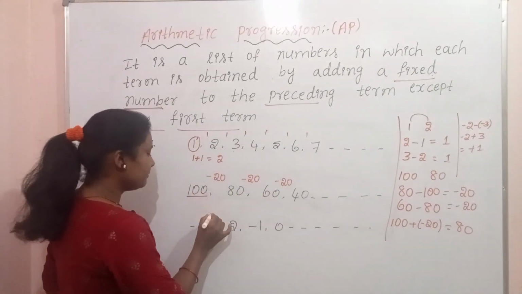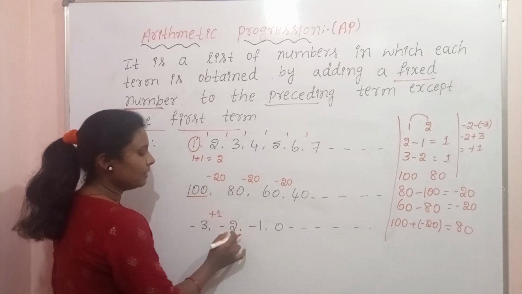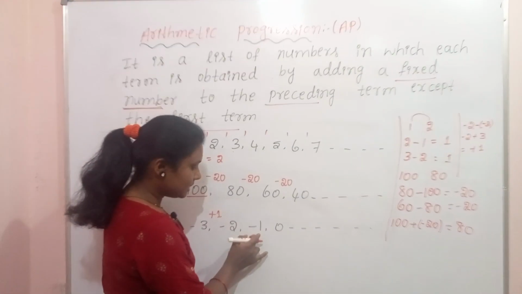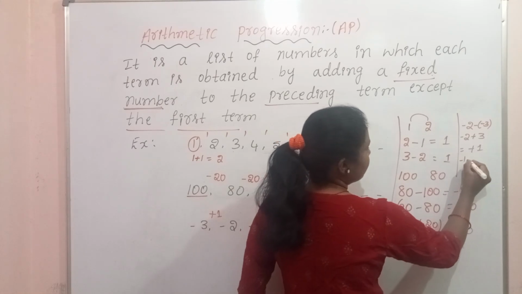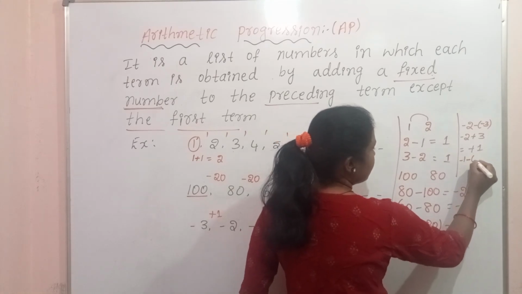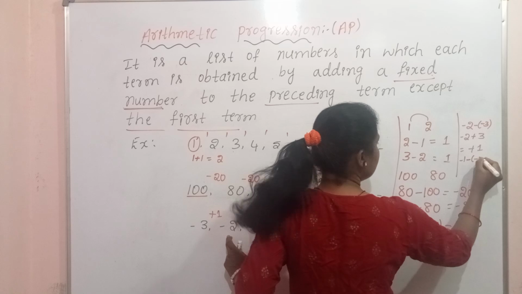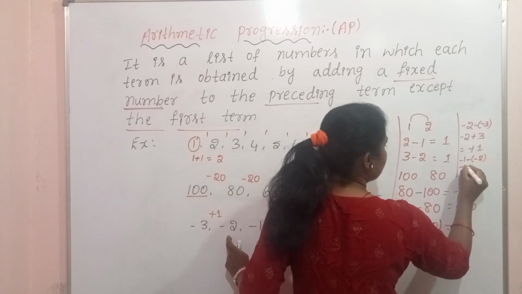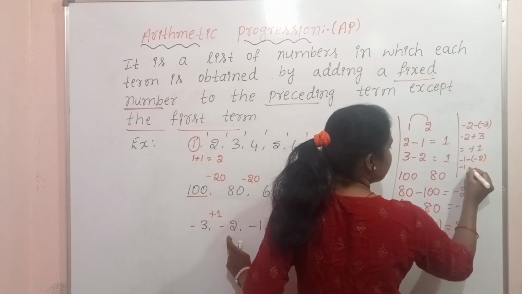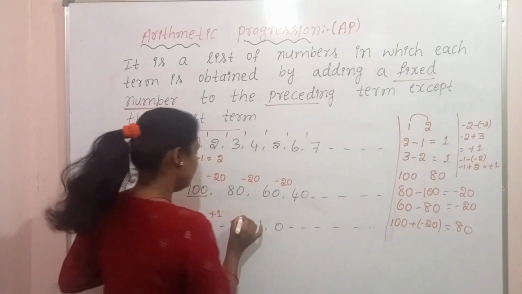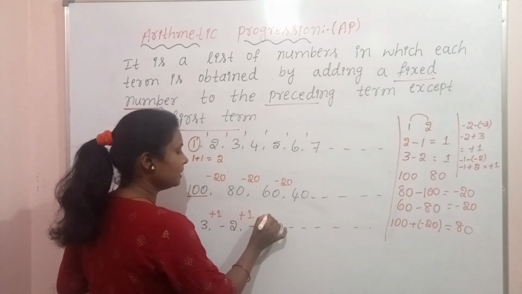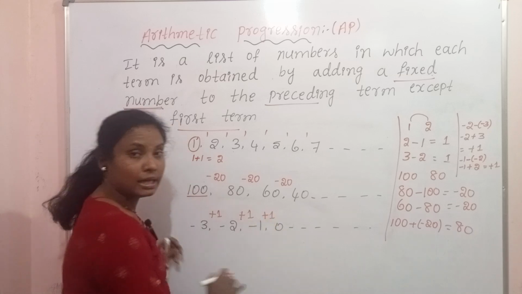Like that, here the fixed number is plus 1. So if you consider minus 1 minus of minus 2, you will get minus 1, minus into minus is plus, here also plus 1. The fixed number here is plus 1.